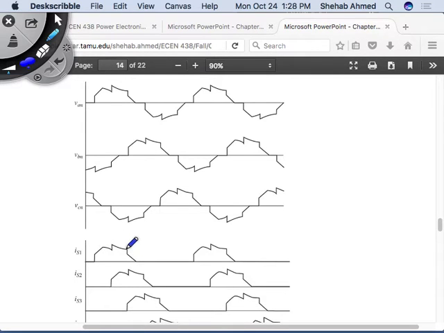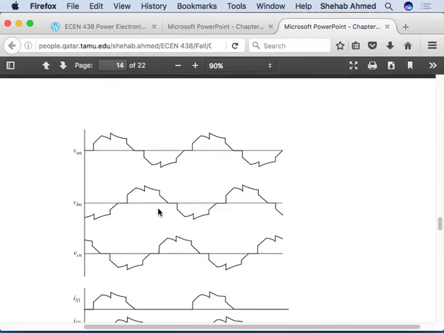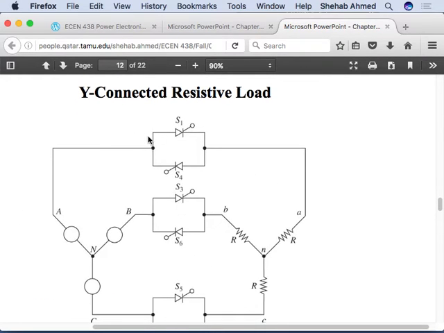And the current in switch 1 is what? Switch 1 is the positive current from phase A, right? We know this is a resistive load, which means that the current will have the same shape as the voltage on the resistor.